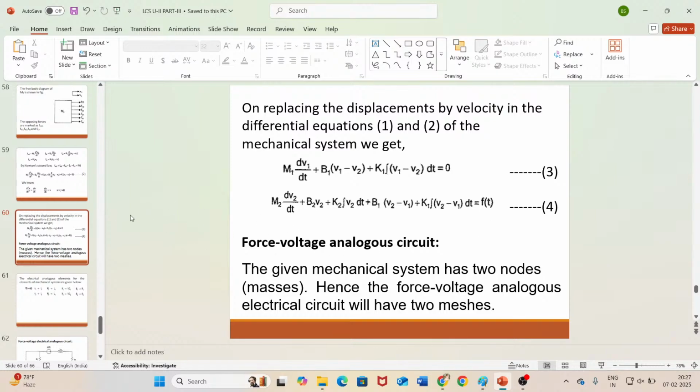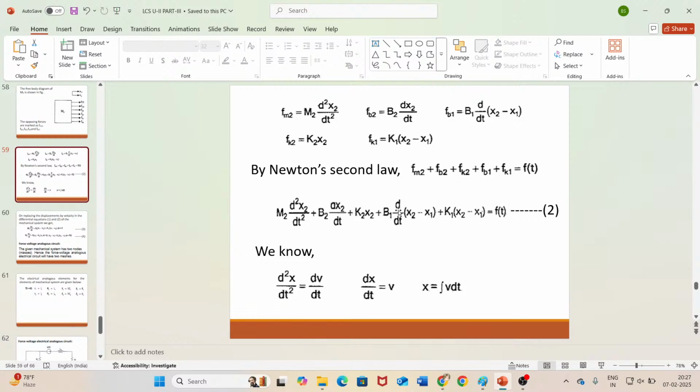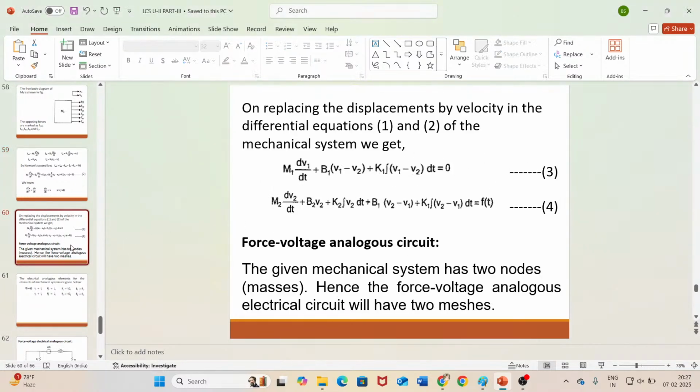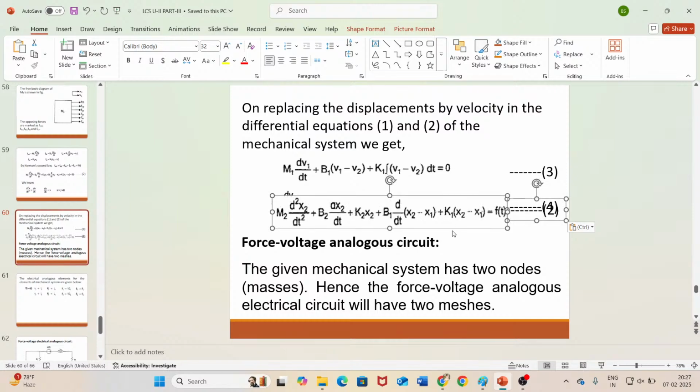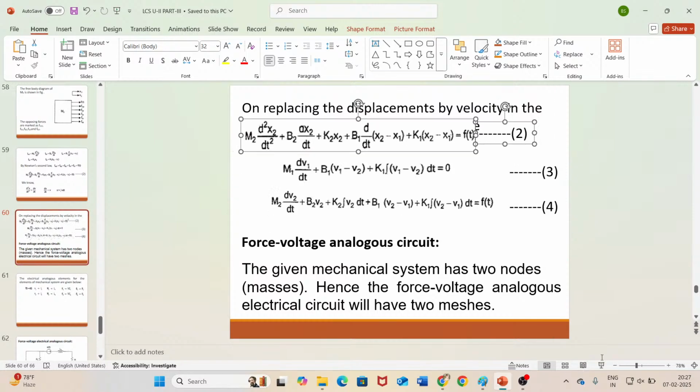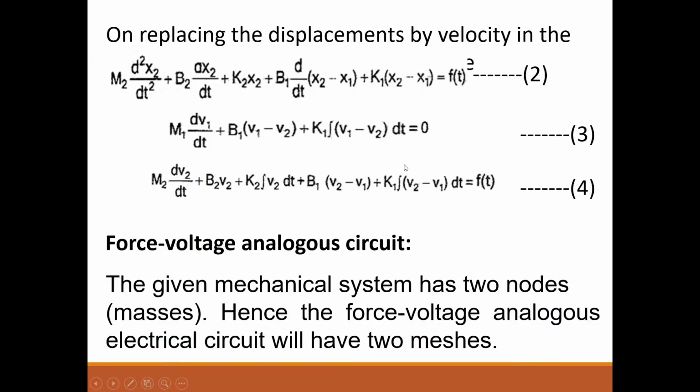How has it been modified as equation 4? Let us see. So see here, equation 2.